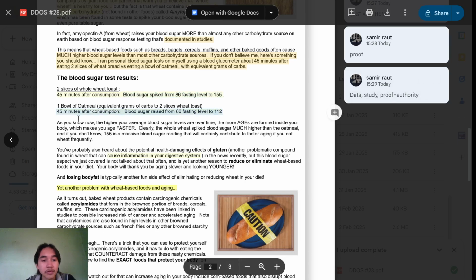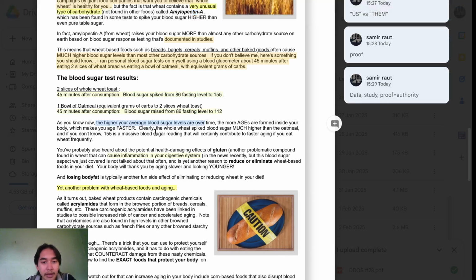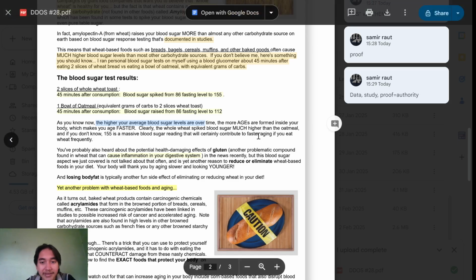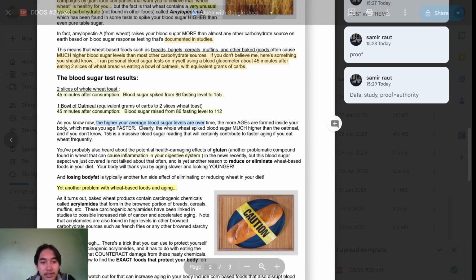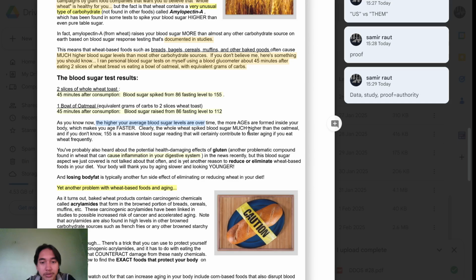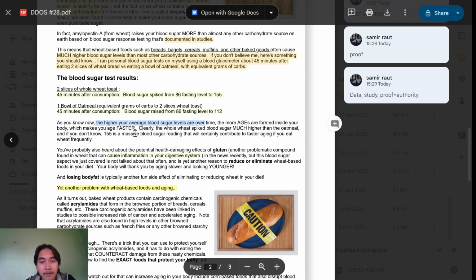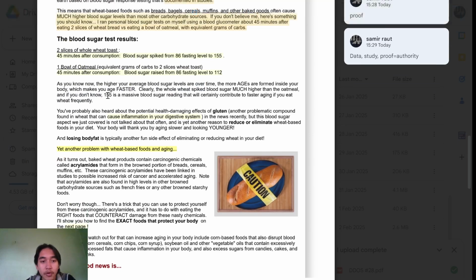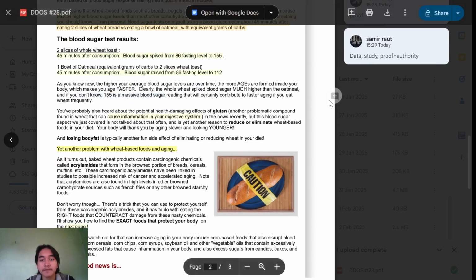Proof. As you know, the higher your average blood sugar levels are over time, the more AGEs are formed inside your body, which makes you age faster. Clearly, the whole wheat spiked blood sugar much higher than the oatmeal, and if you don't know, 155 is massive blood sugar, massive. Okay, so this reader might not know, right?